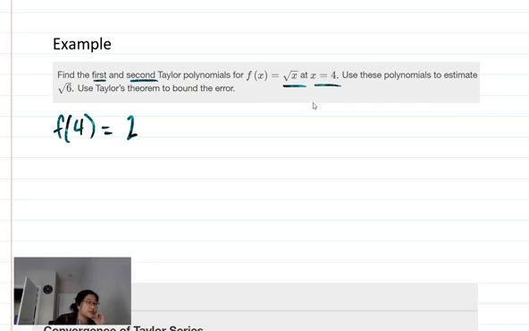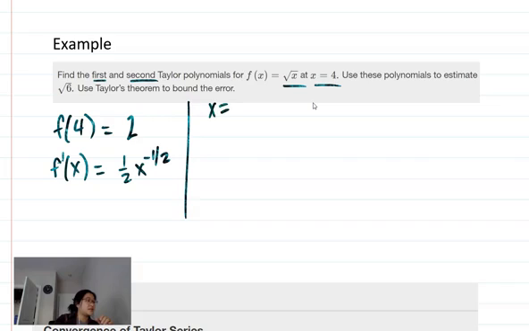So that's our 0th degree polynomial. Our first derivative, f prime of x, is going to be 1/2 x to the negative 1/2. And so then evaluated at x equals 4, what do we get? 1 over 4.